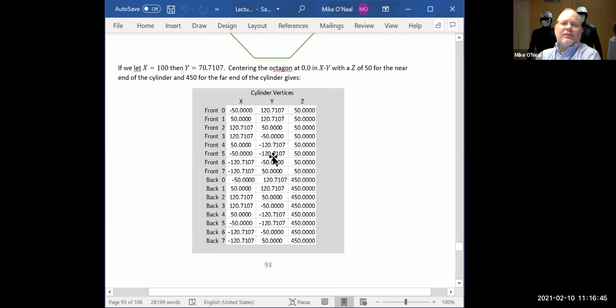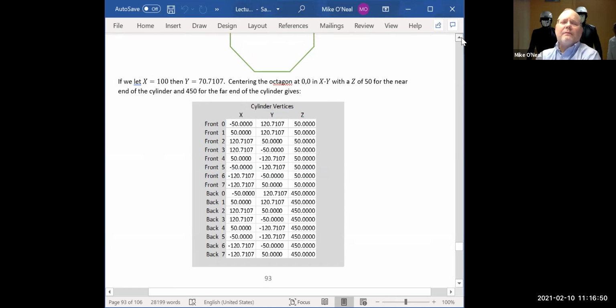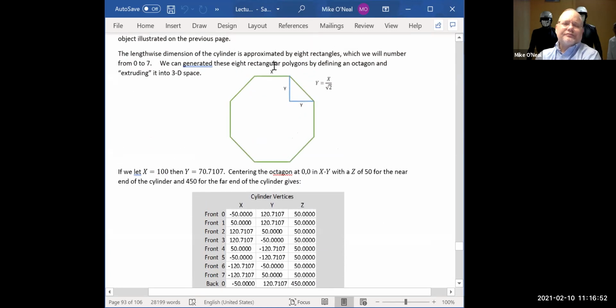And if you look at the values, you should be able to see where I got them from, this drawing, this formula here. So from minus 50 to positive 50 in x. So that's why that's 100. And the y's there are at 120.7107. And then if you come down to this point here, it's 120.7107, 50.